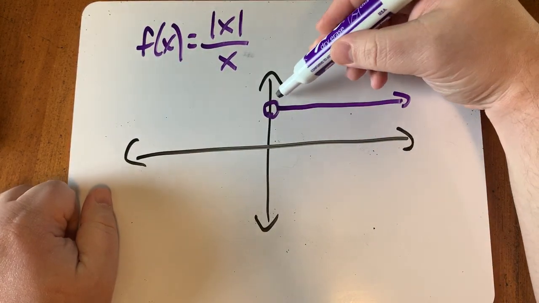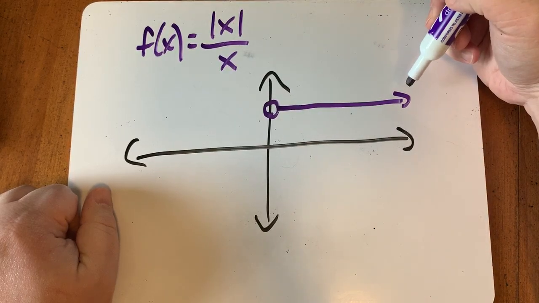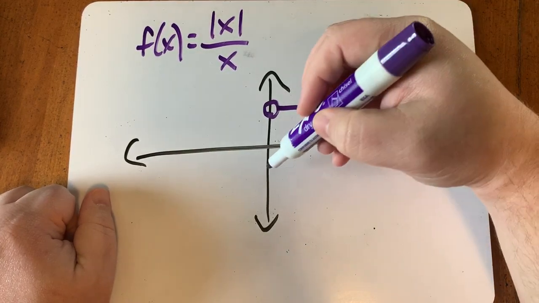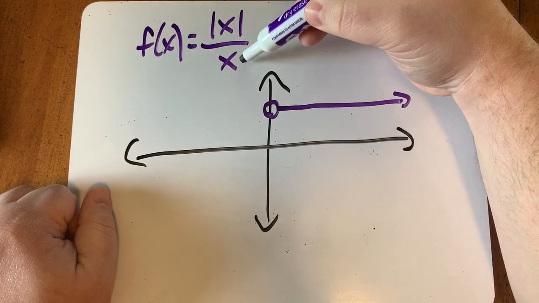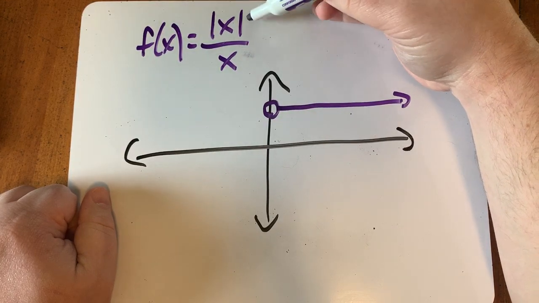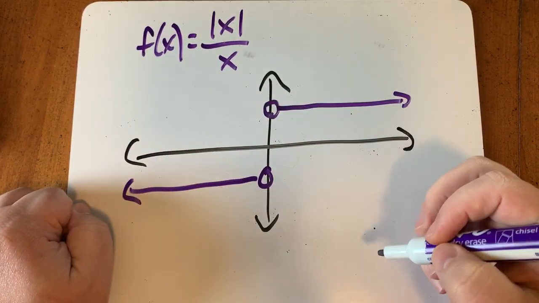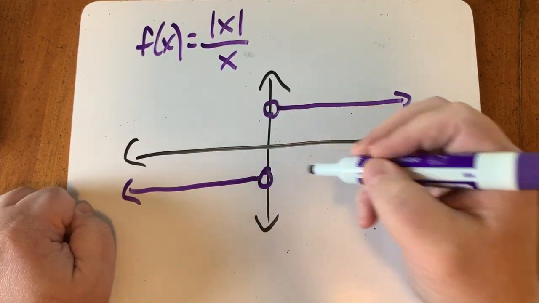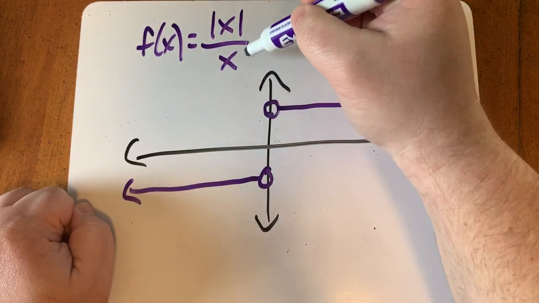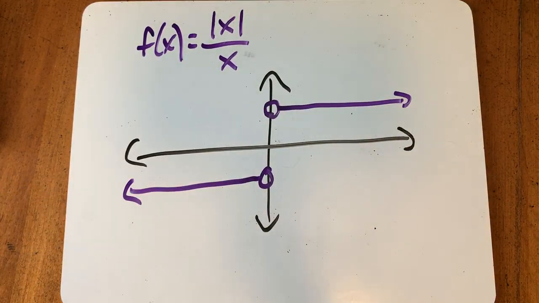So essentially, it's the line y equals 1 for every positive value. But for every negative value, it's going to be a positive over a negative. So something over its opposite. So it would be -1. And we have open circles here because it definitely can't be 0 because you can't divide by 0.